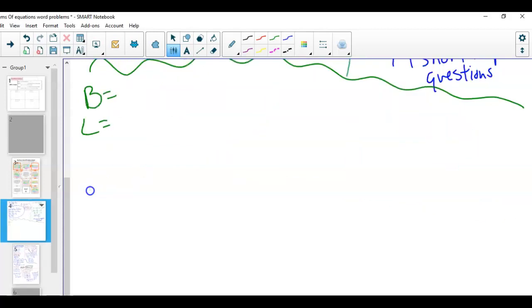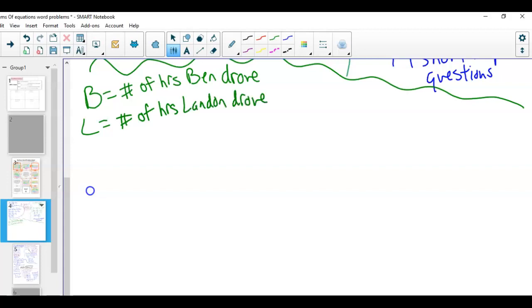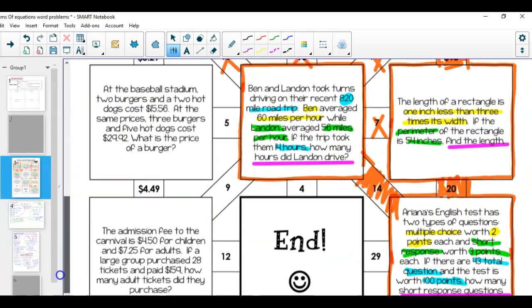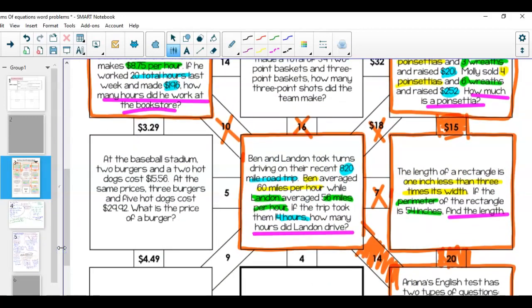I'm going to make these capitalized because they're names. So this will be the number of hours Ben drove, and this is the number of hours Landon drove. Okay, and then they told us their averages and the total. So Landon averaged 56, Ben averaged 60.